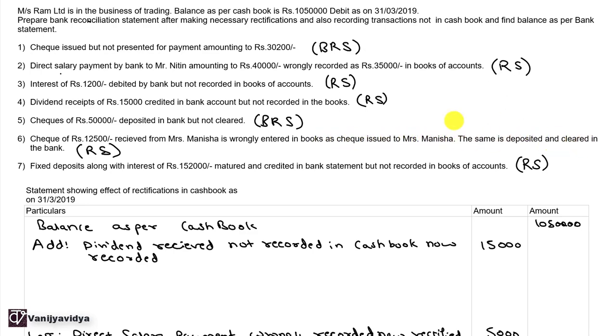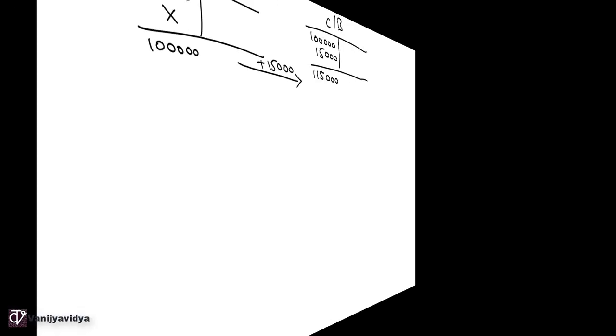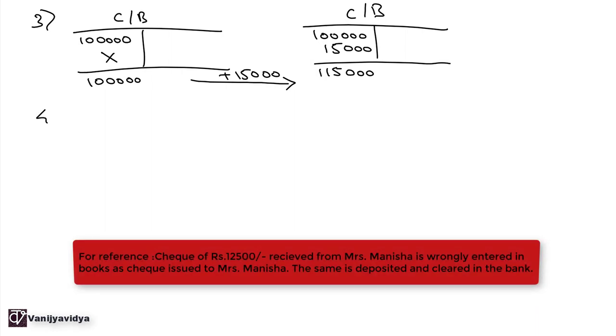The same is deposited and cleared in the bank. So we have to rectify this entry in our cash book. So let's prepare a working note for this. Working note number 4. So here we will be writing a wrong entry, and here what is a correct entry.